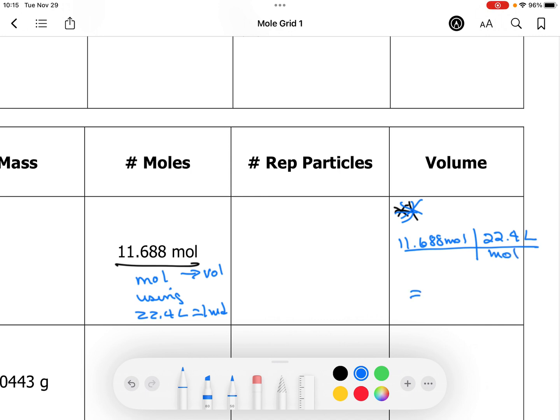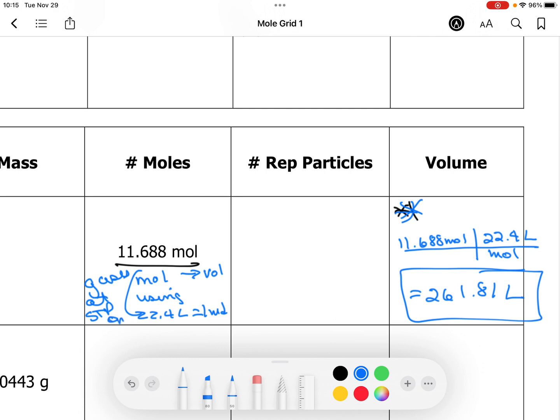This can be reported to 5 significant figures. So I will have 261.81 liters. Remember, this is for gases at STP only.